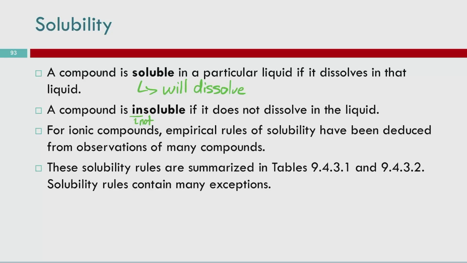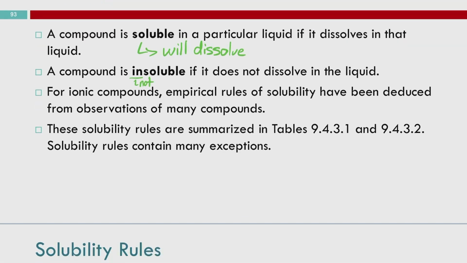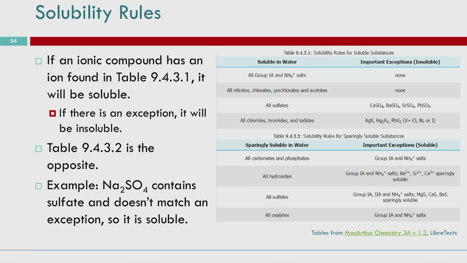And this is the other side of the green sheet that we haven't used. So if you take out your green sheet and you look at the side that says solubility table on the top, that's our solubility table. There are many exceptions to solubility rules.